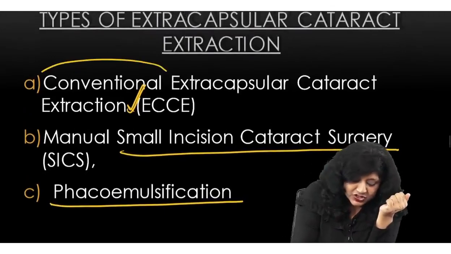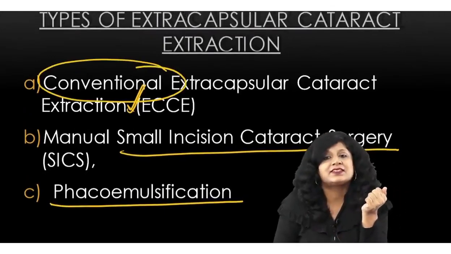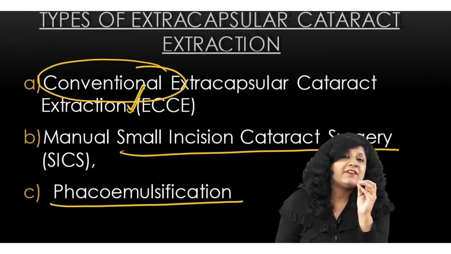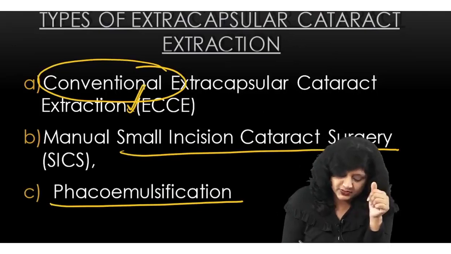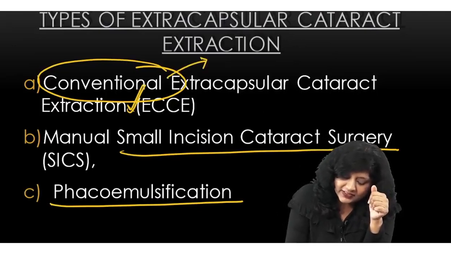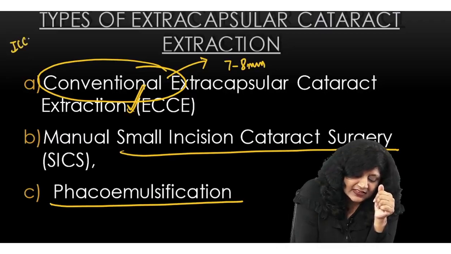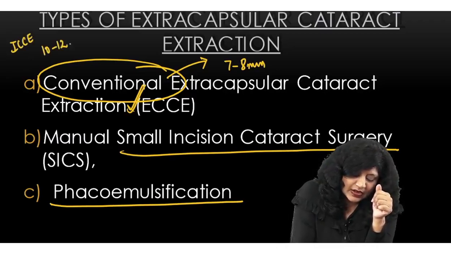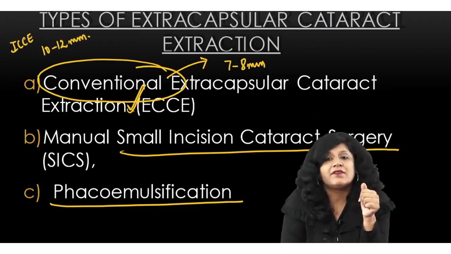The conventional extracapsular cataract surgery is a very open incision surgery. There you are giving an incision which is very large, about 7 to 8 mm, while in the cases of ICCE, we were using an incision that is 10 to 12 mm.